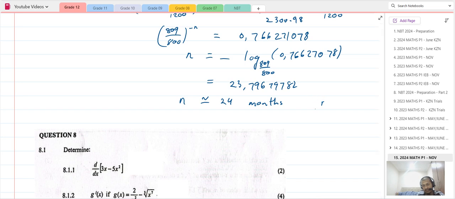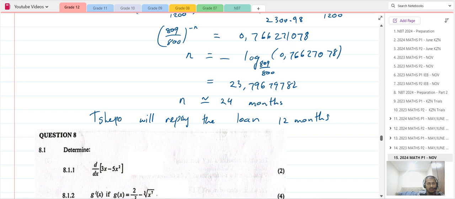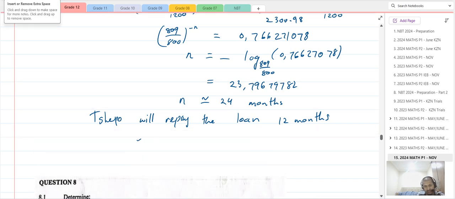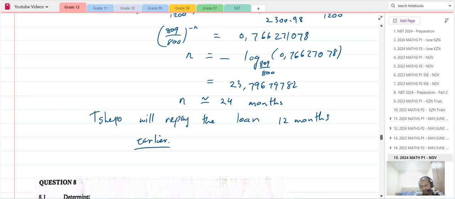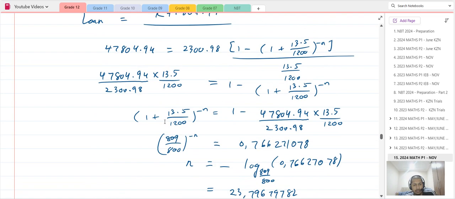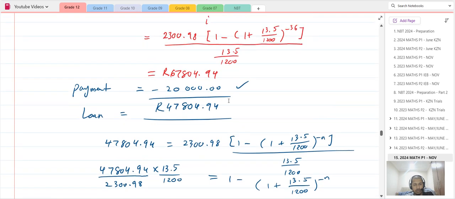Right, so Sepo will repay the loan 12 months earlier, because remember in total we had 36. 12 months earlier, just because he made a lump sum payment of 20,000 towards his loan.